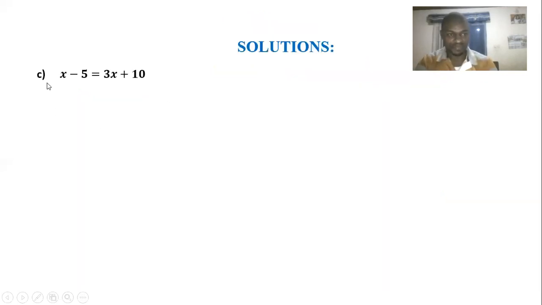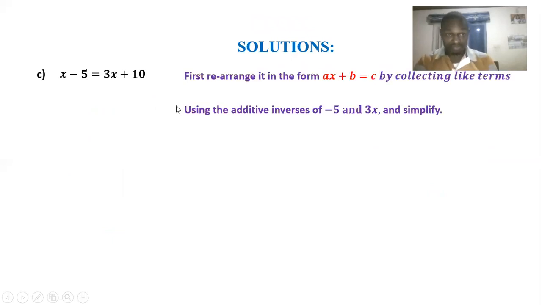We move to C. x minus 5 is equal to 3x plus 10. It is not yet in the form ax plus b equals c. So we rearrange it in that form by collecting like terms using the additive inverse of negative 5 and 3x, and we simplify.